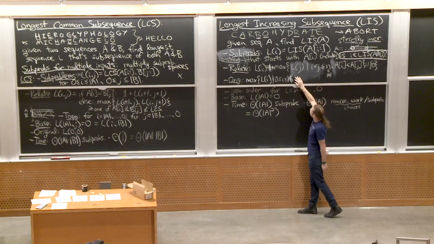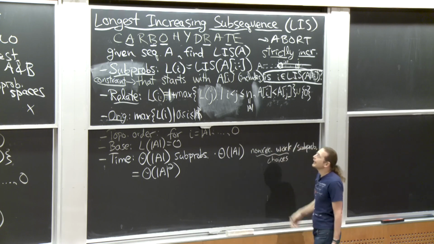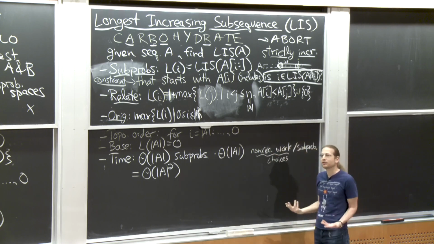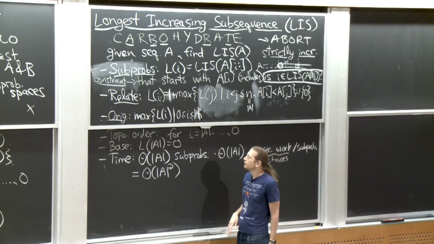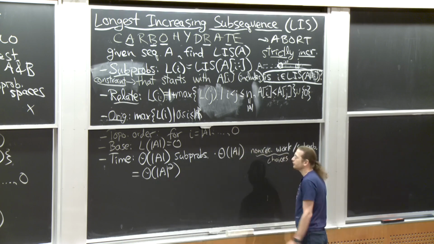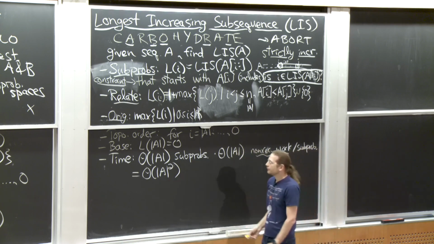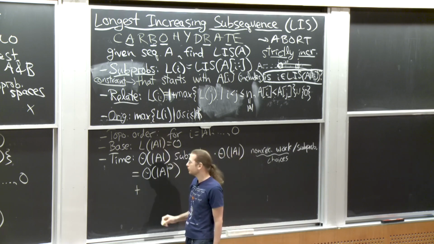Then we also use this local brute force to solve the original problem. So we added this constraint of starting at i, but we didn't actually know overall where to start. But that's fine, because there are only n choices. So I should mention in the running time analysis, there's solving the subproblems. That's fine. But then there's also a plus whatever it costs to solve the original problem.